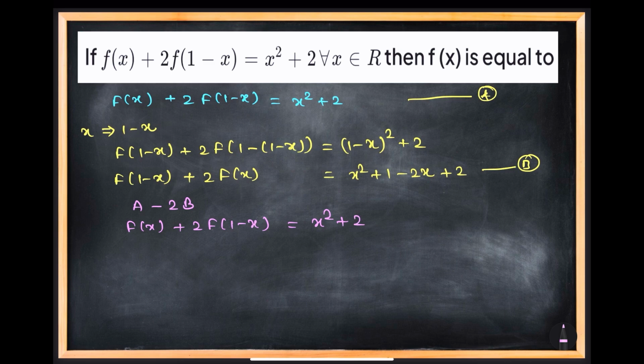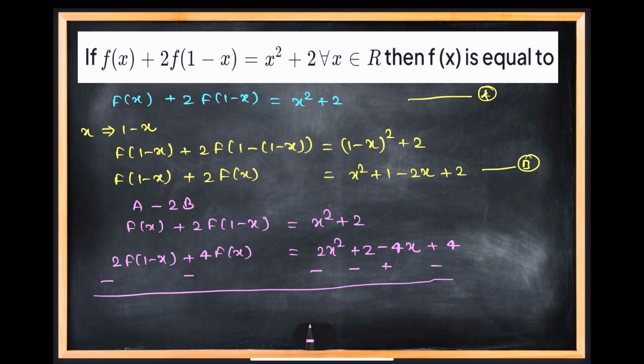Now 2 times, so we got 2 times f of 1 minus x plus 4 times f of x is equal to 2x square plus 2, wait, plus 2 minus 4x and then plus 4. We need to subtract, so the sign will change, minus minus plus minus.